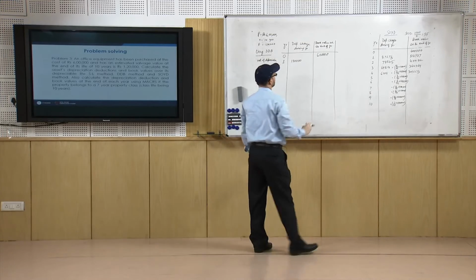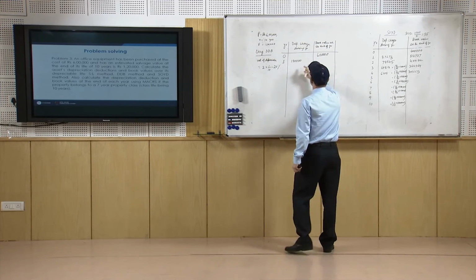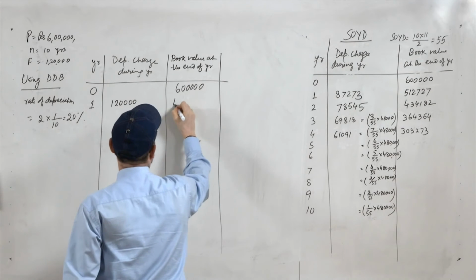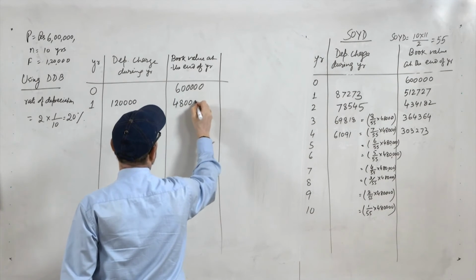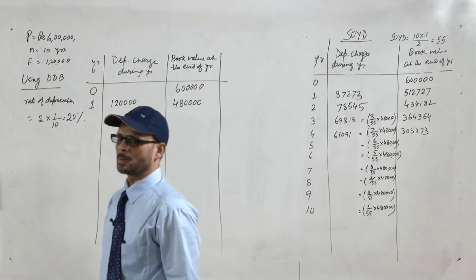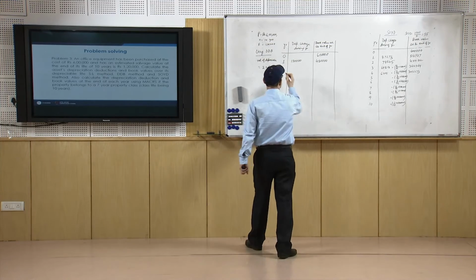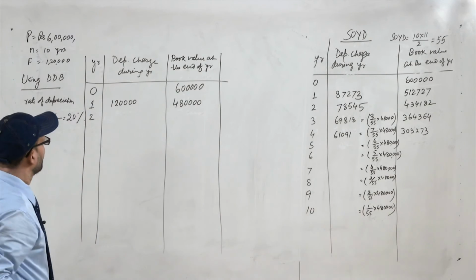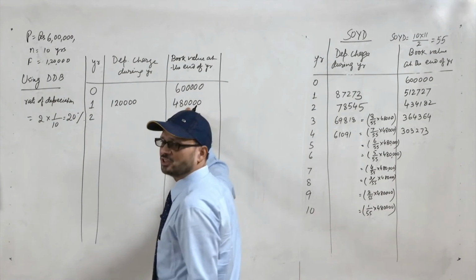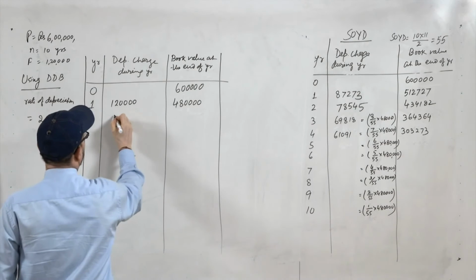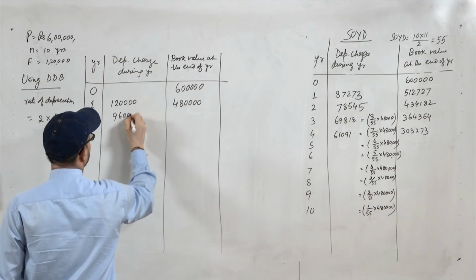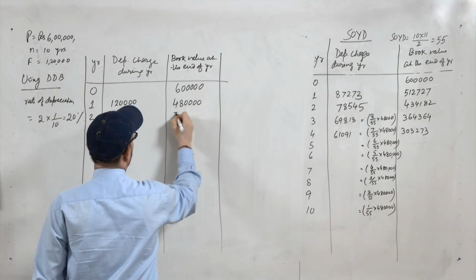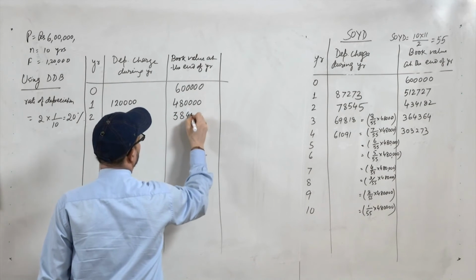So, the book value after the end of first year is 6 lakh minus 1,20,000, this is 4,80,000. Then in the second year 20% of this amount, so this will be 96,000. So, this comes out to be 3,84,000.